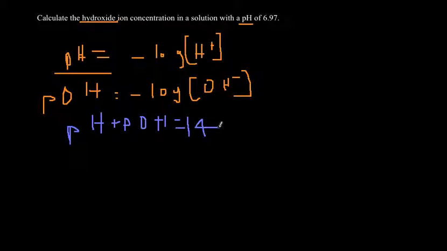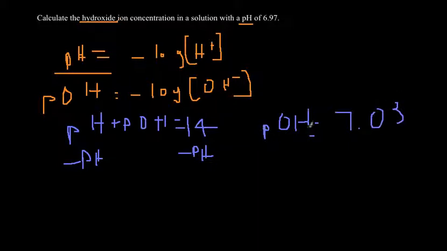Now, if you subtract pH from both sides, you get that pOH equals 14 minus 6.97, since pH equals 6.97, which is 7.03.